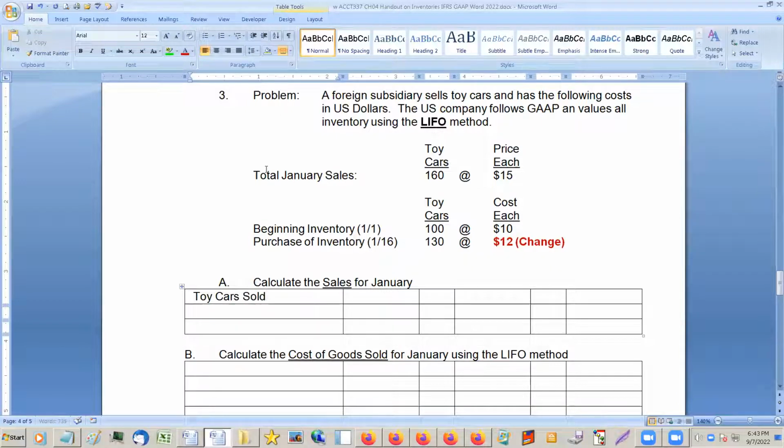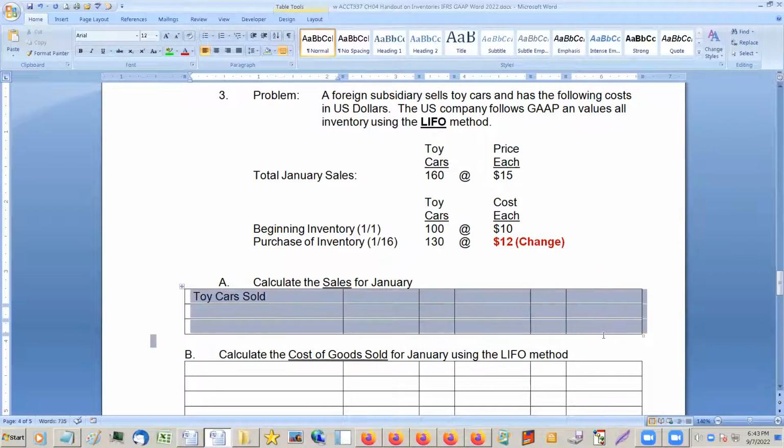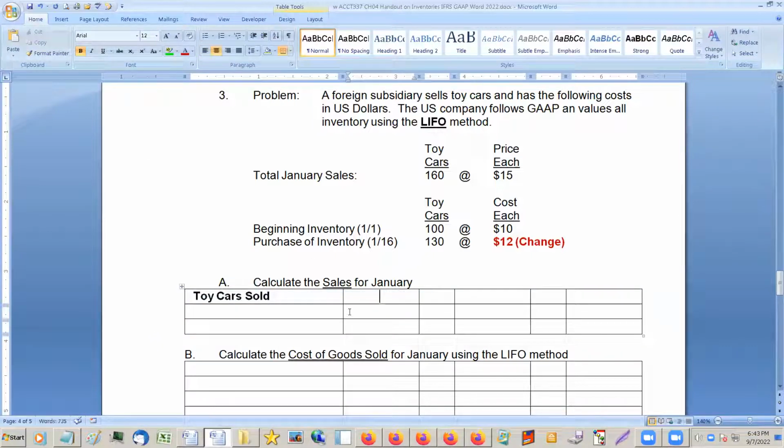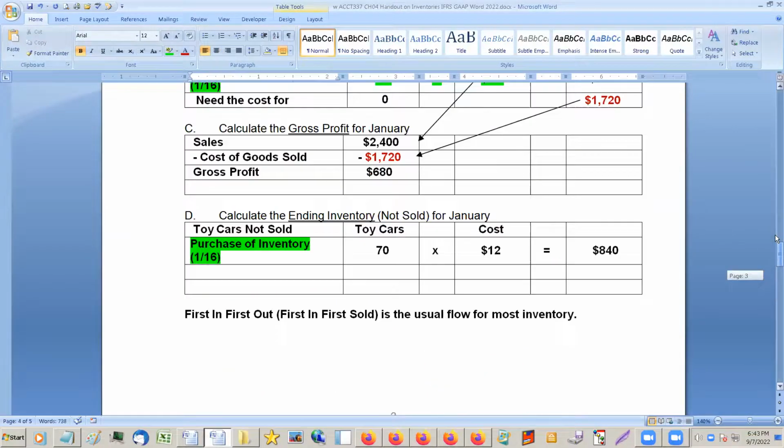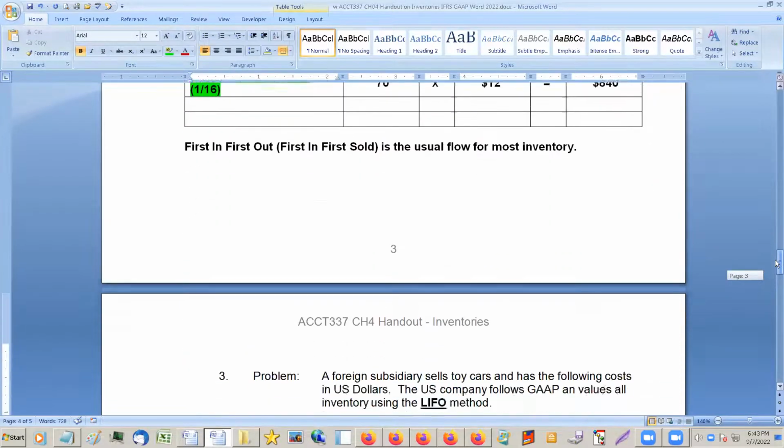So, toy cars sold. Sales in general, I'm sure you guys have picked up, are usually pretty easy to figure out. Whatever they paid you. What did they do the last one? I can't remember how I did this. Oh, sales, toy cars sold.